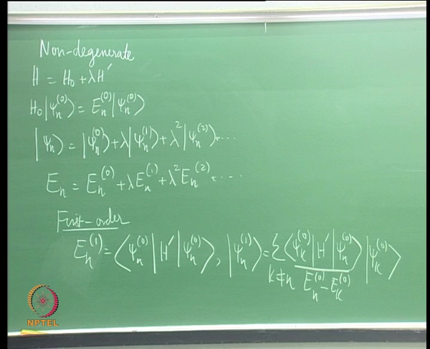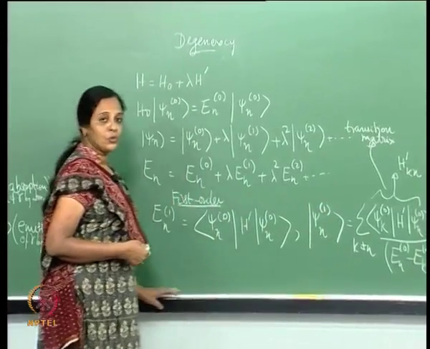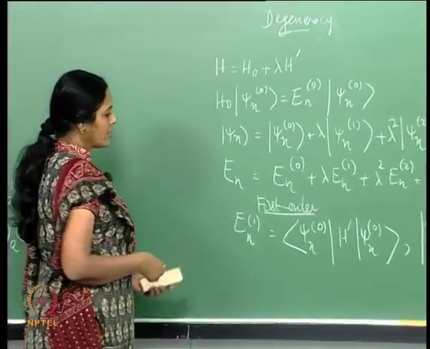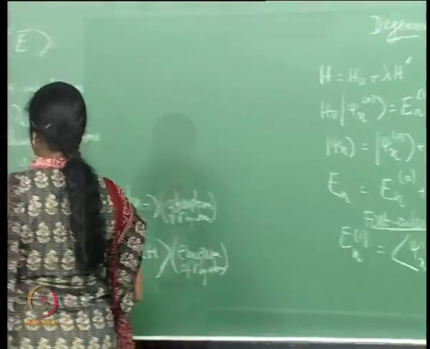How do I alter this formalism to take care of the degenerate case? Clearly trouble comes in the first order contribution. So I go about it in the following fashion.